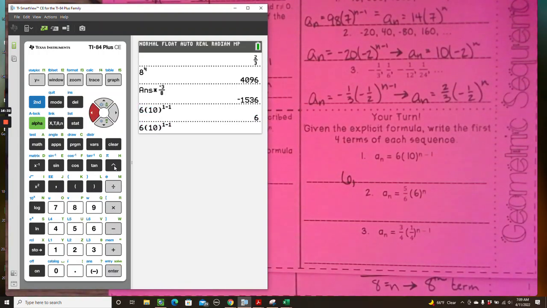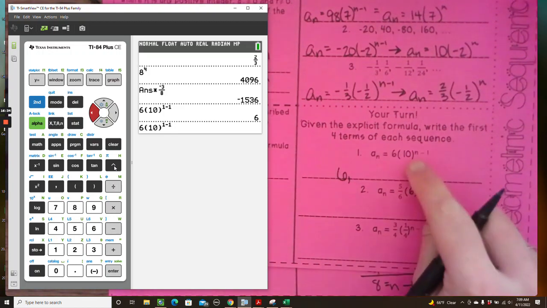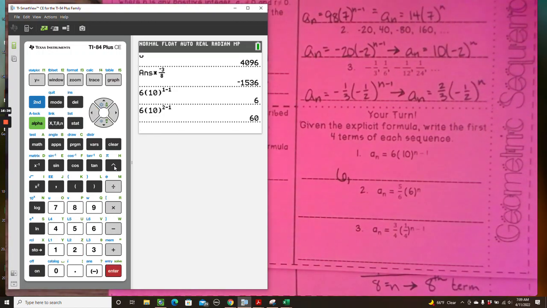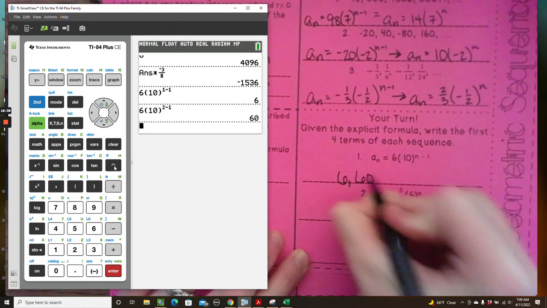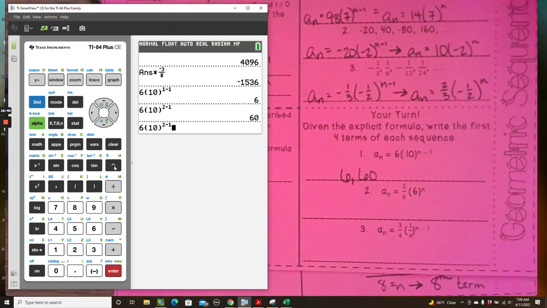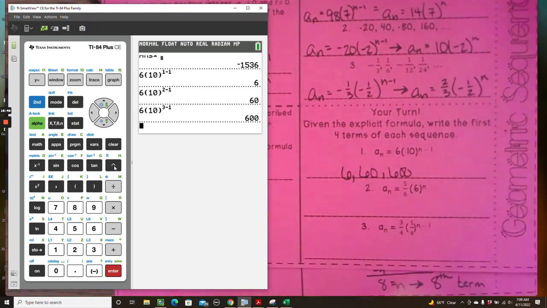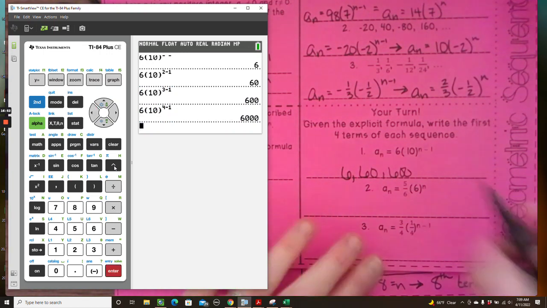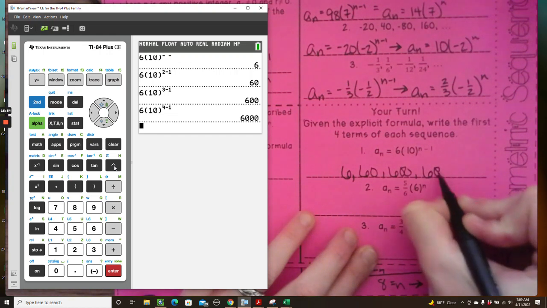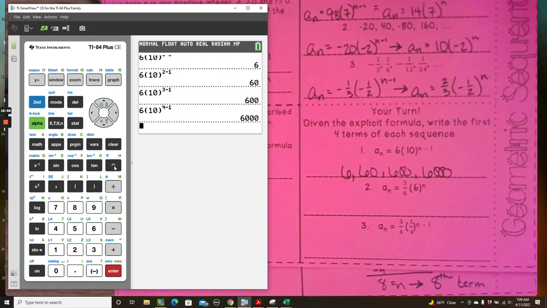Instead of 1, we'd put a 2. So that's 60. Do it again, change it to a 3, and we get 600, and you can probably see the pattern that's forming. So the first 4 terms, we'd plug 1 through 4 in there for n.